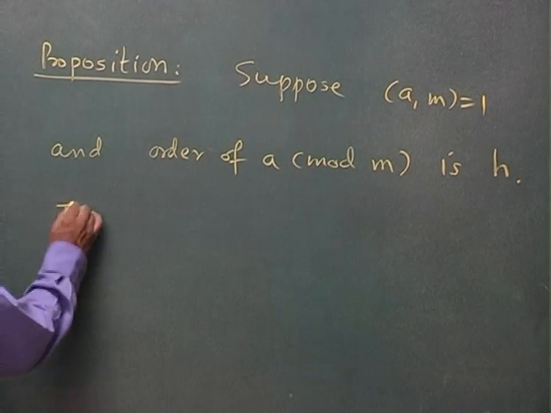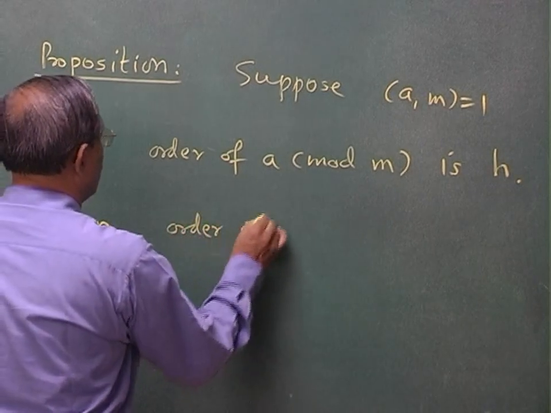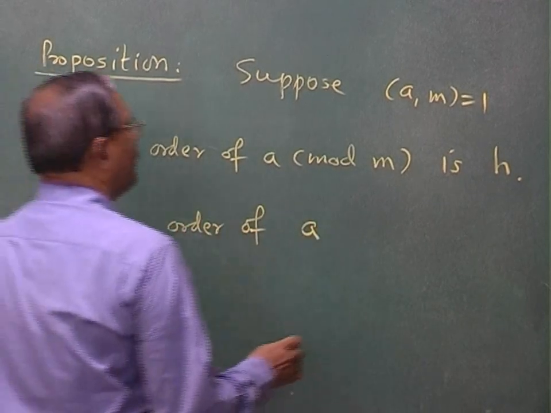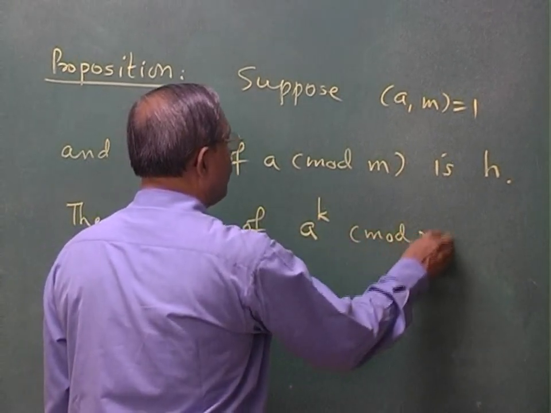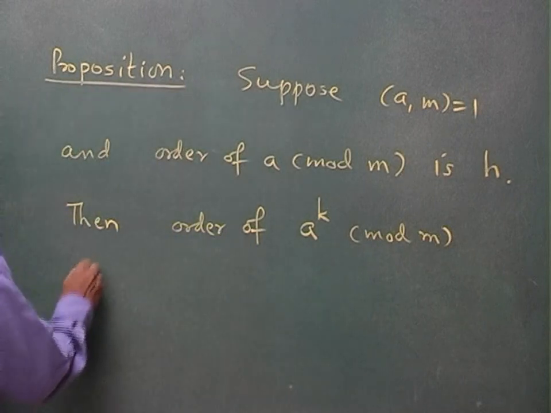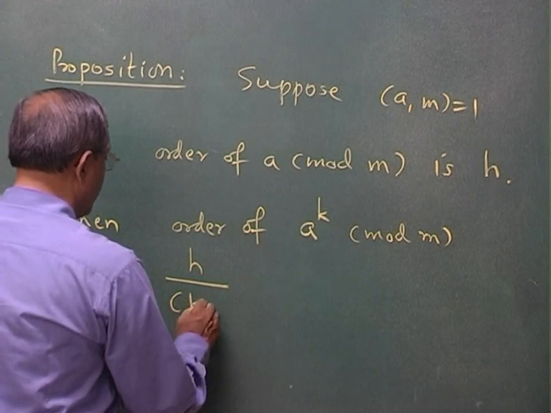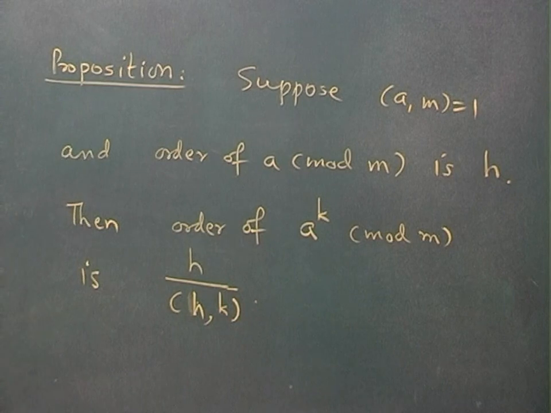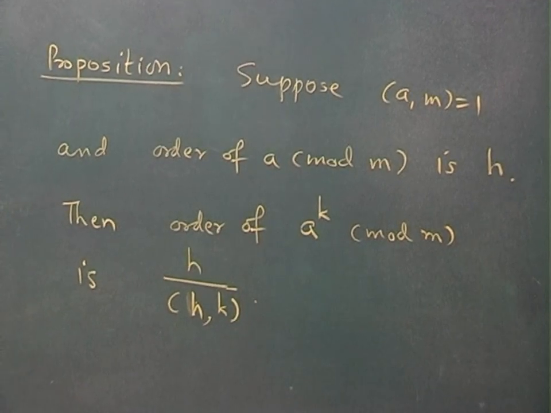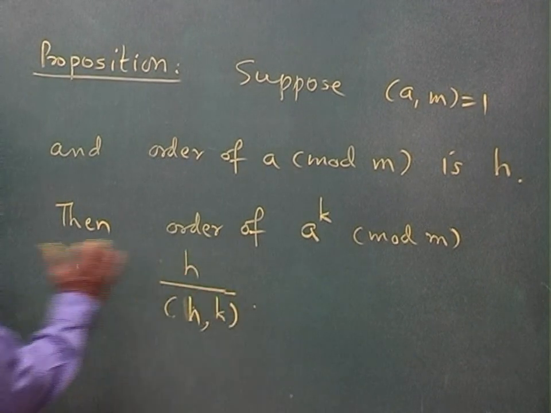Then the order of a raised to k mod m is h divided by the GCD of h and k. So divide the order of a by the GCD.